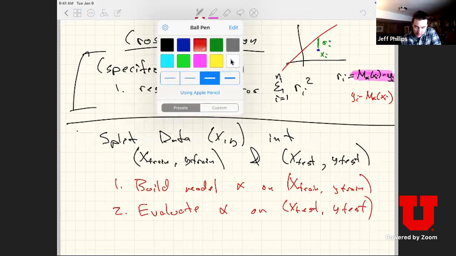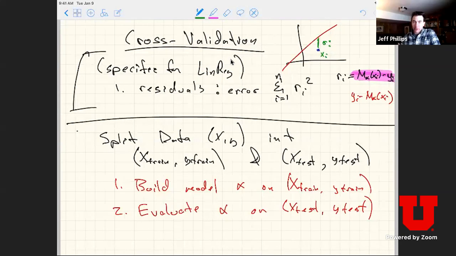So let's go back to cross-validation. It's important that you build on alpha and then you evaluate. You build on the training and you evaluate on the test. This ensures that you're not overfitting by testing on the same data that you built the model on. Otherwise, you can interpolate and it looks like the error is 0, but on new data it's not going to be.